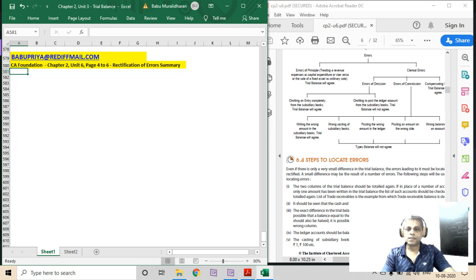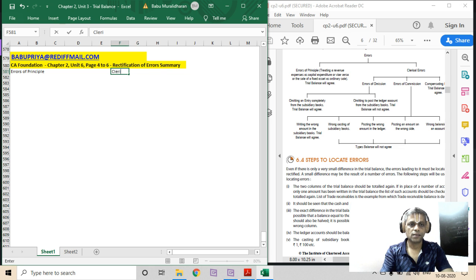So let's identify what the different types of errors are. The errors can be of two types. One is errors of principle, and the second type is clerical errors. This is what we are doing now, summarizing what you have seen as part of the rectification of errors.